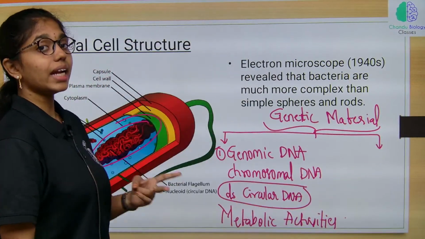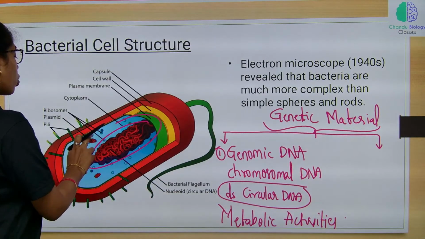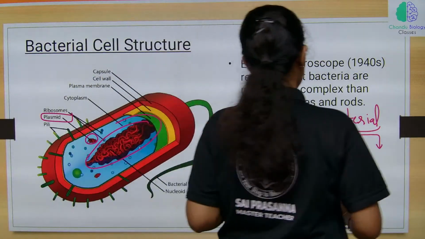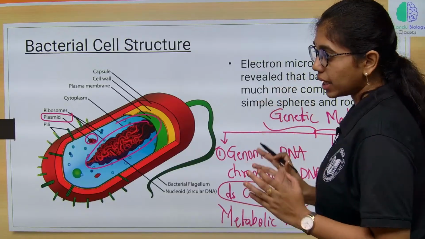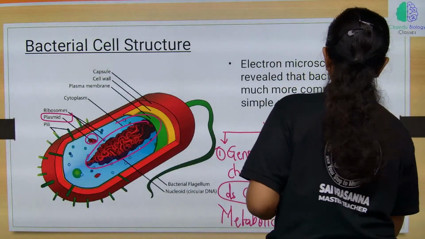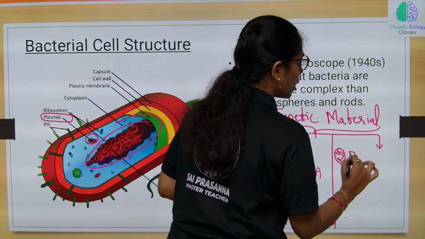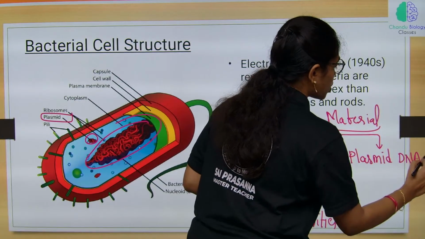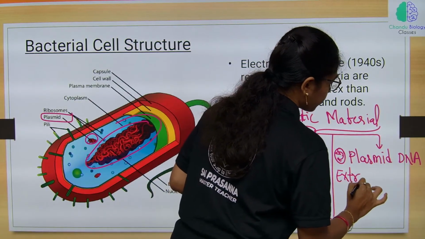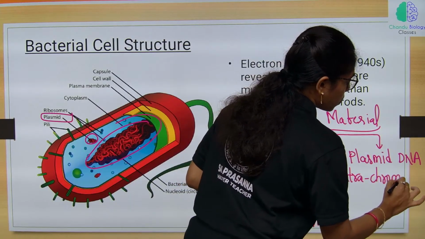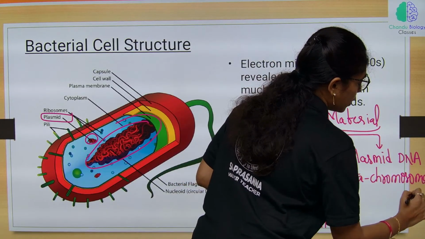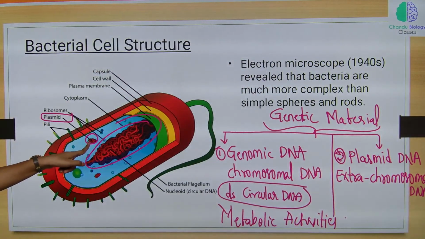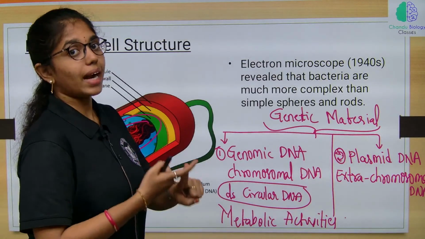Okay. The second DNA is called extra chromosomal DNA or plasmid DNA. The second DNA which is present inside the bacterial cell in the cytoplasm is the plasmid DNA, or extra chromosomal DNA. This plasmid DNA is again double stranded circular DNA.